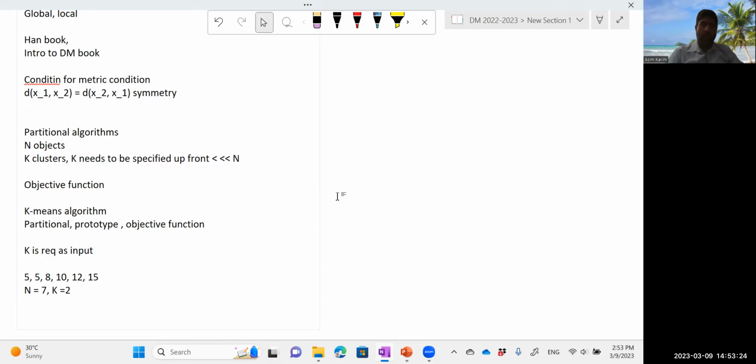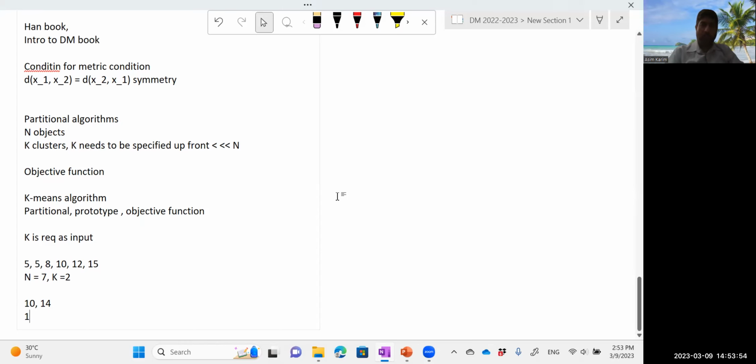So let's say I take 10, and another I take 14. By the way, this is a point. You can take an object, but in general it can be a point in that space. So it's not necessarily an object, like 14 is not an object in this data, but let's say I took a point 14. So my first cluster is described by 10. This is my cluster 1.